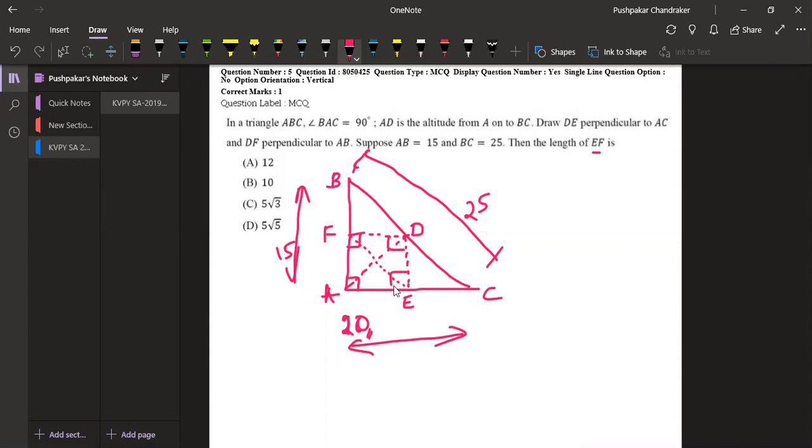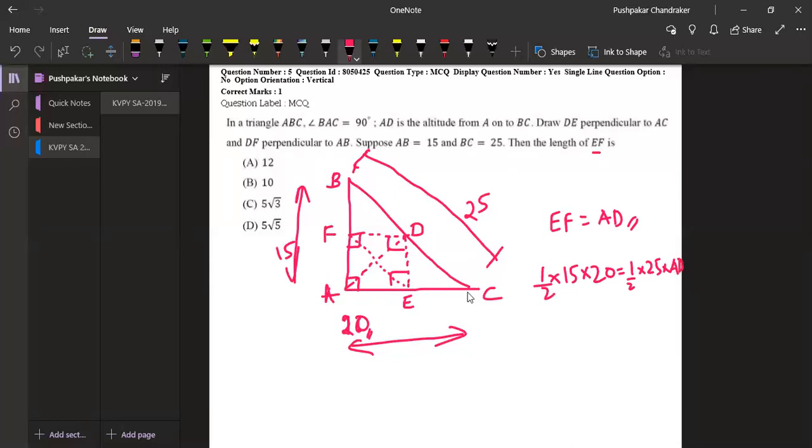In a rectangle, the two diagonals are equal. It means EF has to equal AD. So my whole goal should be to find AD. How to find AD? You can apply the area of the triangle: half into 15 into 20 is the area of the triangle, which should also equal half into 25 into AD. I'm considering this as the base now.